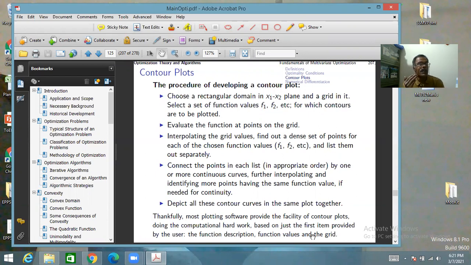But how to give it to the plotting software? For that, you need some practice. And I advise you that whatever is your favorite software for plotting, you find out and experiment and try to plot a few two variable functions and see how they look. This will help you in analyzing the performance of methods on problems. And also it will show the inside out of the functions and optimization problems.